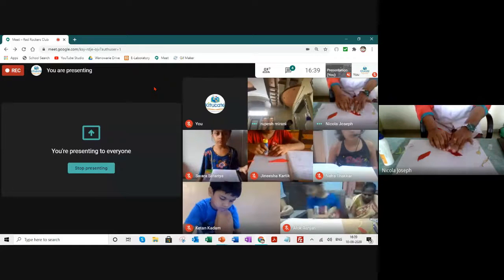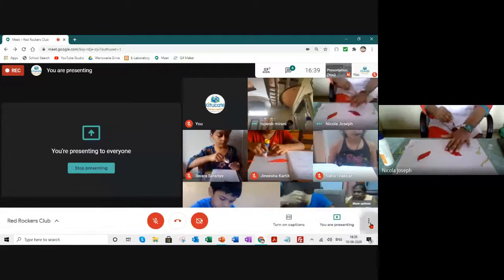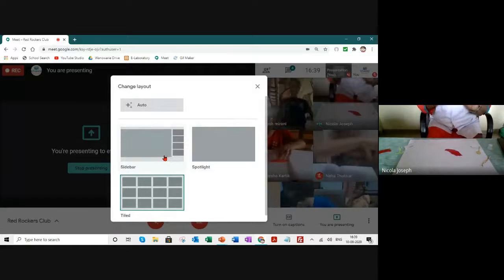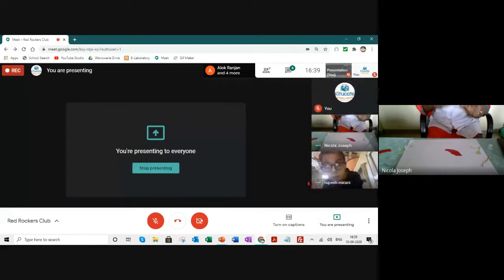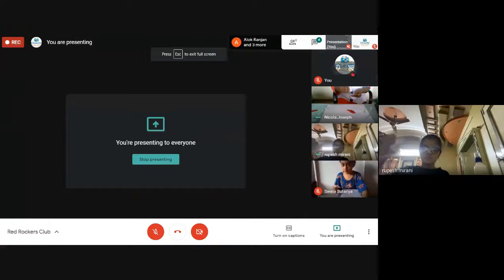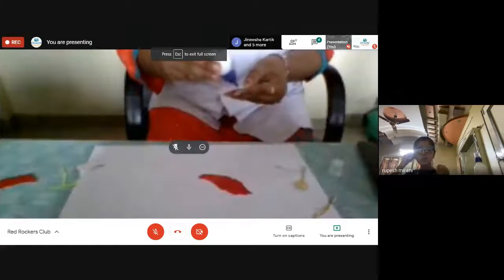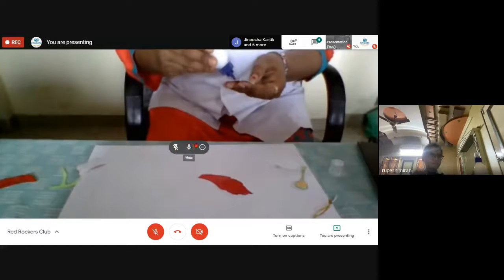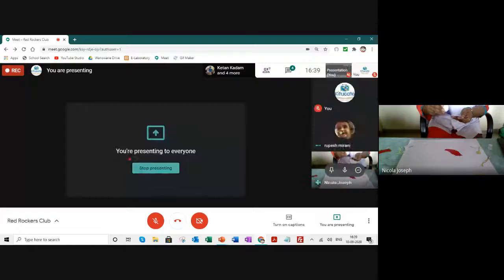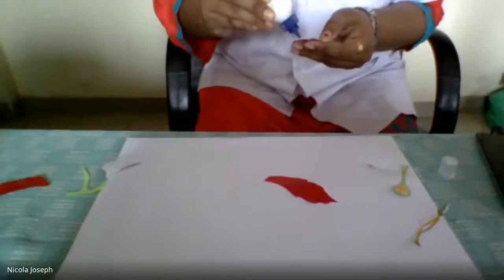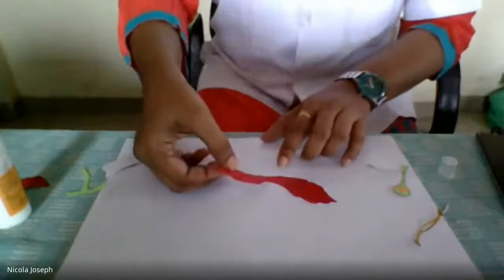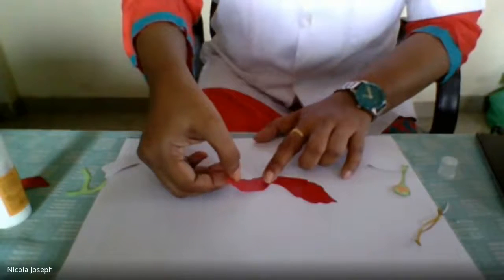So one petal got stuck here, another petal will stick. Everyone must do it together. Now I'll be seeing how you all have stuck it.